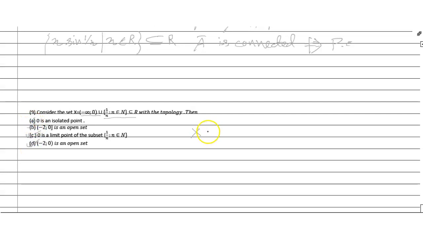X equals minus infinity to 0 union 1 by n such that n belongs to natural numbers, and this is the line. You will see that this is 0 to minus infinity, and this point is the limit point, friends.